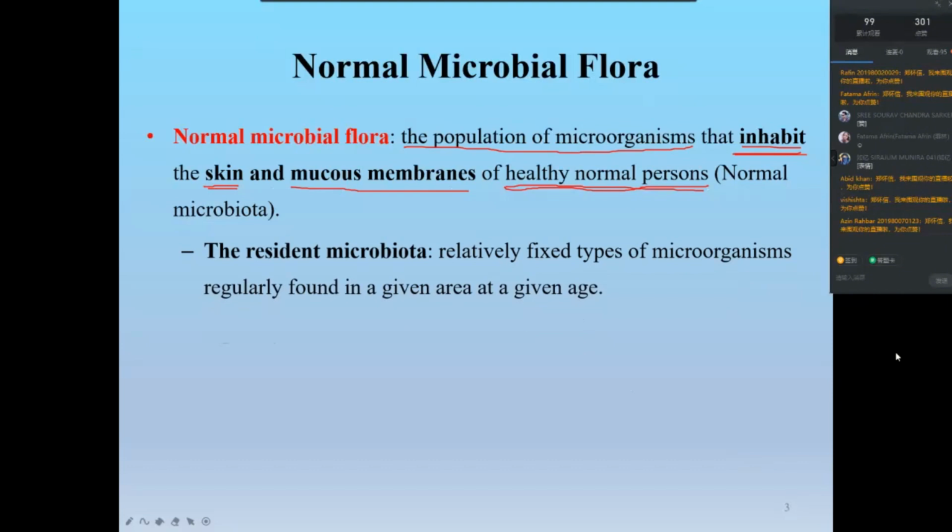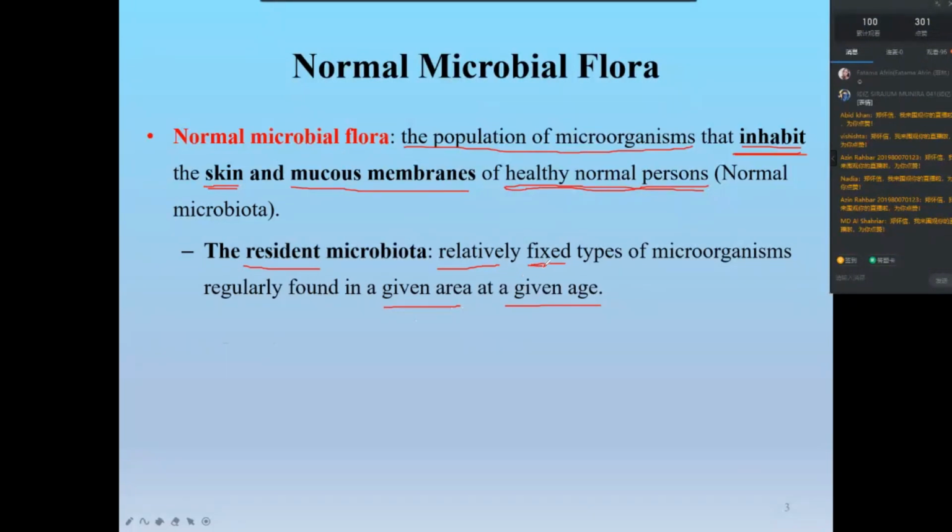So this is compared to the resident. These are a short period of time. It is derived from the environment and does not produce disease and does not establish itself permanently on the surface. So it's only for a short time.